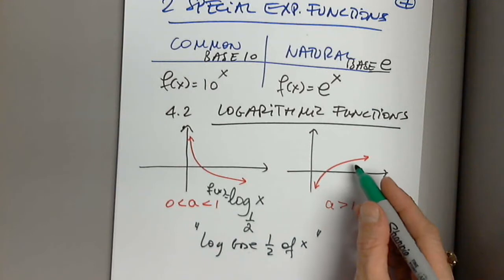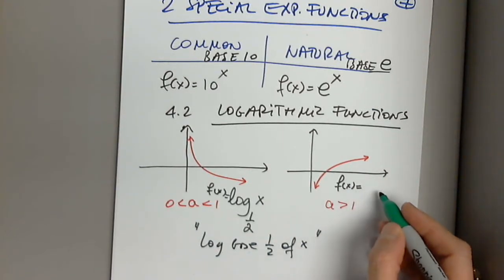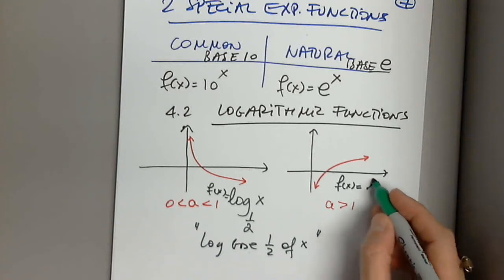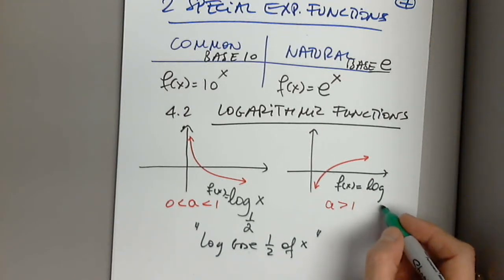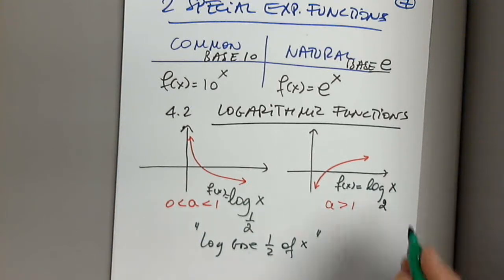Can anyone give us the name of this one? F of x equals log base, there is no base 1. There is not 0, 1, or negative. We did not graph e yet. 2. Log base 2 of x.